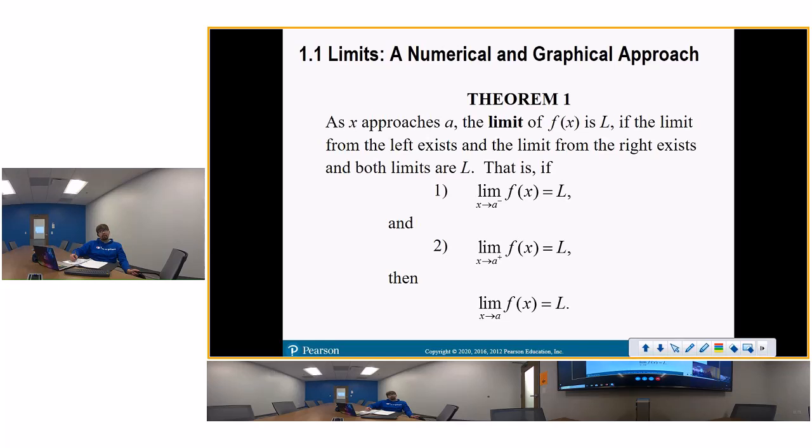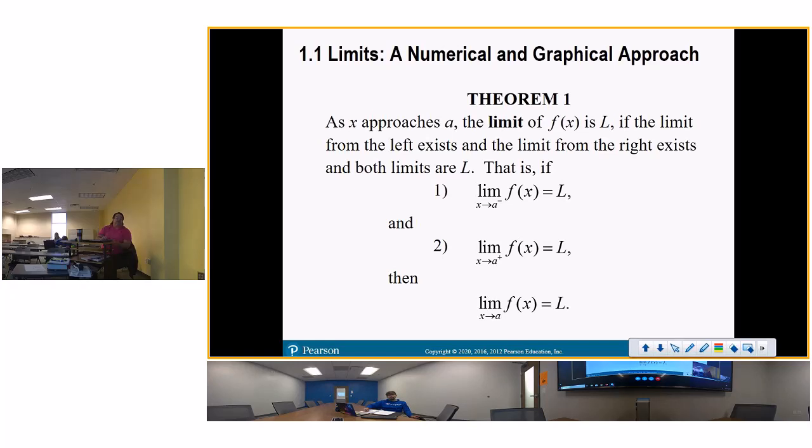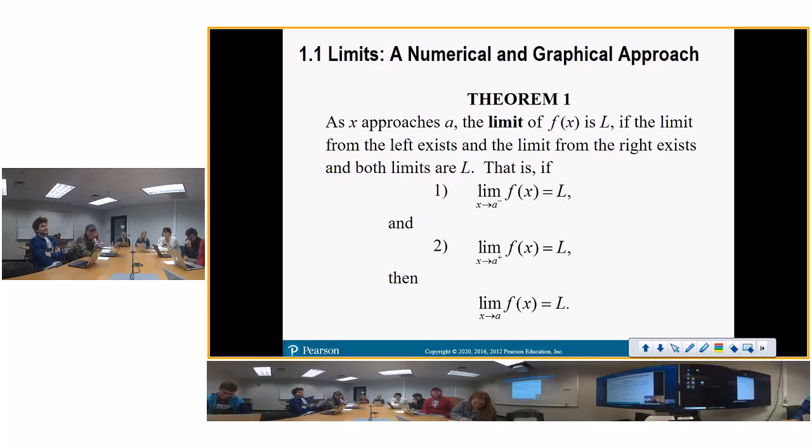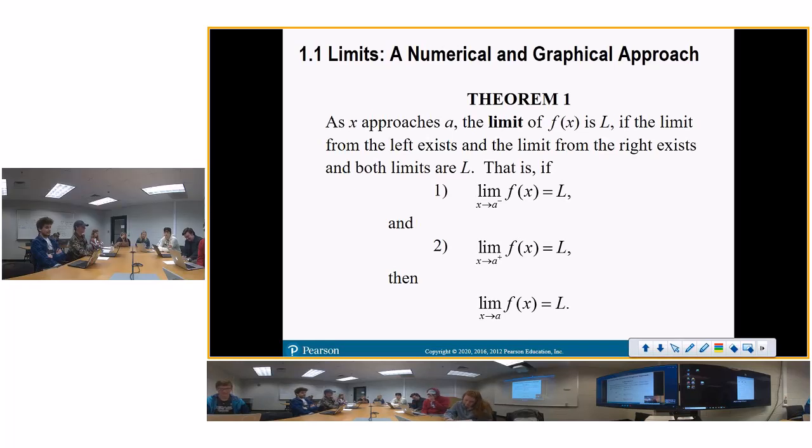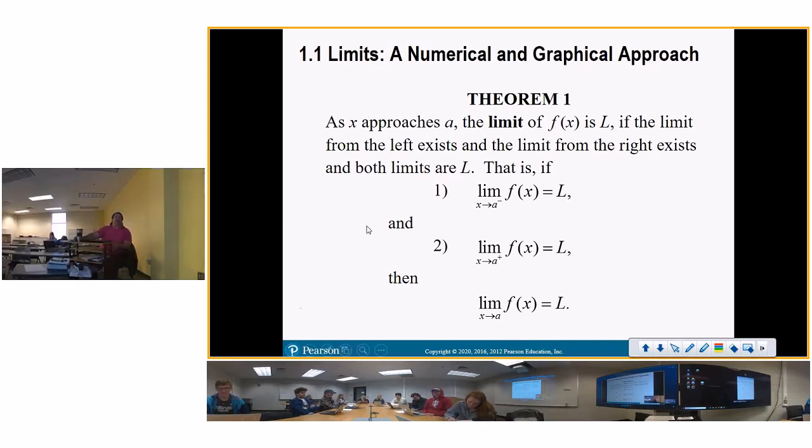Has anybody ever been to the last page? What is he talking about? Dude, I don't know. All right. Are you finished, Jake? Yes, sir.